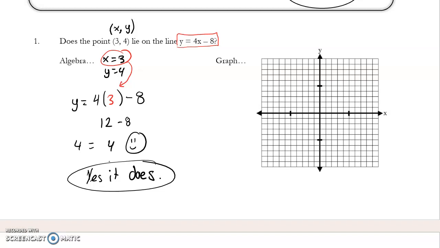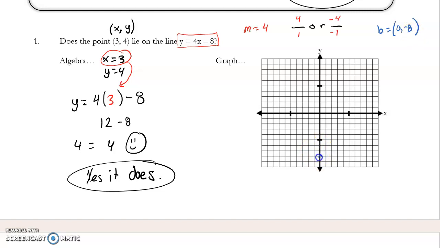The other way is to graph it and check. So if I were to do that here, we would recognize that our slope is 4, which I can look at in two ways: positive 4 over positive 1, or negative 4 over negative 1, with a y-intercept at (0, -8). There's a pattern there. We were negative 8 happy here.